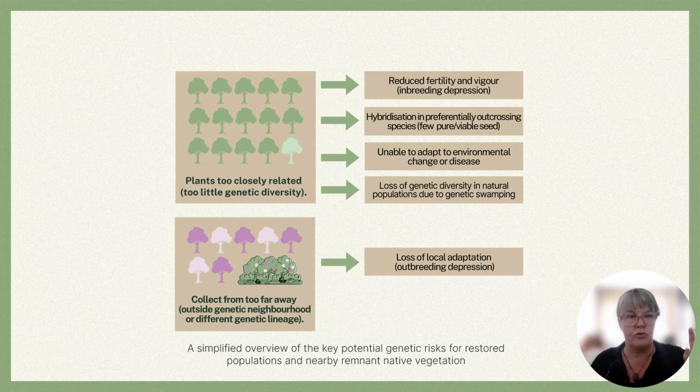Now, another negative consequence I've not yet spoken about, which is particularly relevant to those of you with remnant vegetation on or near your property, is the loss of genetic diversity in natural populations due to genetic swamping. So imagine you plant thousands of closely related plants and nearby is a remnant with a small number of individuals of the same species.